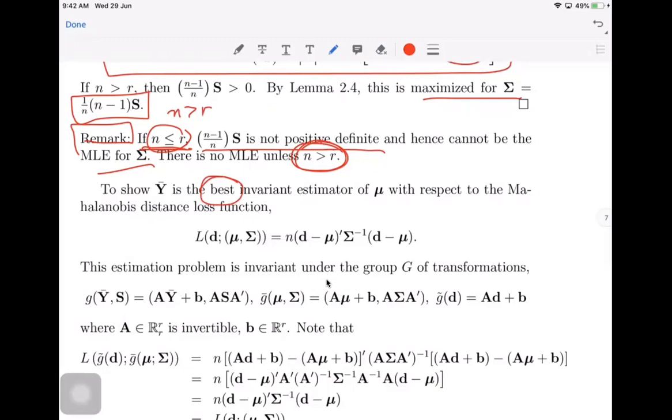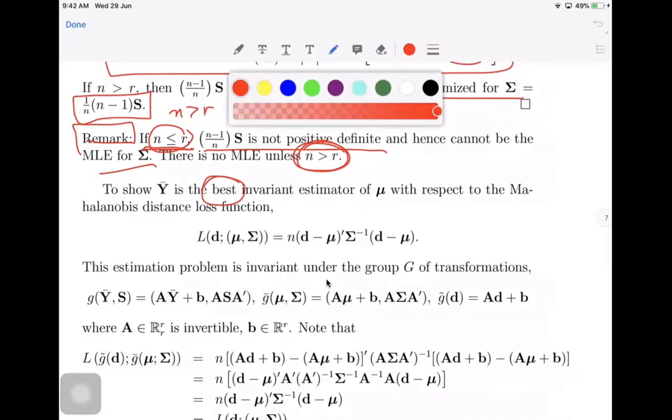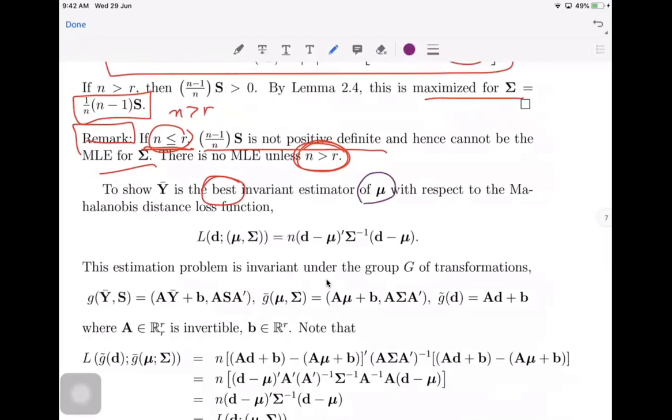So when we talk about invariance, you have the consideration of a loss function, the group of transformations, and for it to be best invariant, it should have the smallest variance among any other competing invariant estimator for mu. So here we are just looking at the best invariant estimator for mu, and y bar will be the candidate for it. But it is relative to this Mahalanobis loss function.